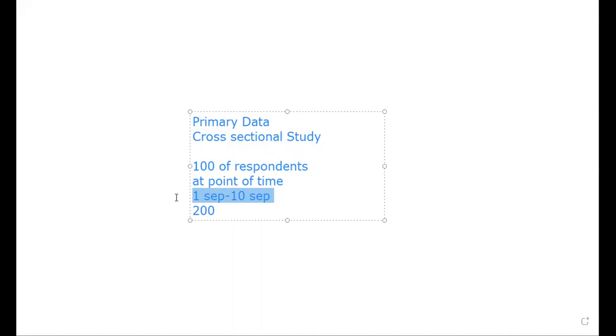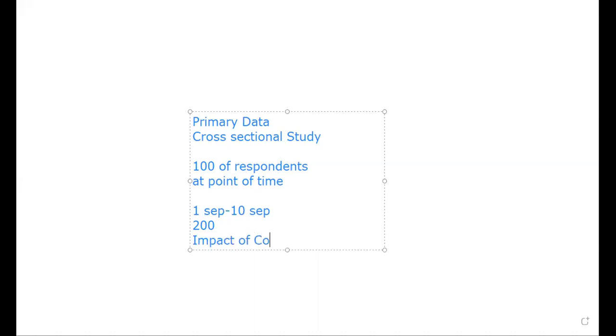In this duration, I am asking them questions regarding the impact of COVID on online classes. That is an example of primary data or a cross-sectional study.